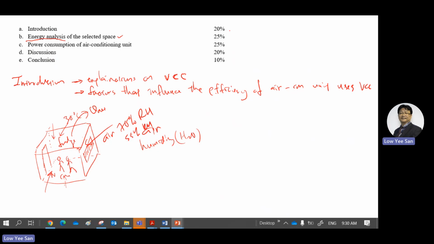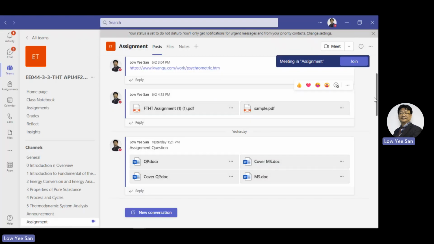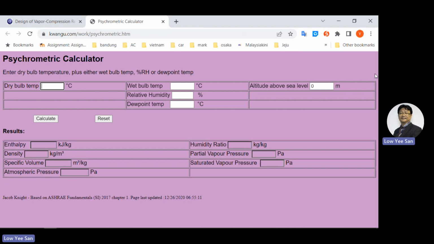you are going to use the psychrometric chart that I mentioned briefly the other day. You can use the chart or you can just use the calculator here. You just click the link and it'll bring you to the calculator.